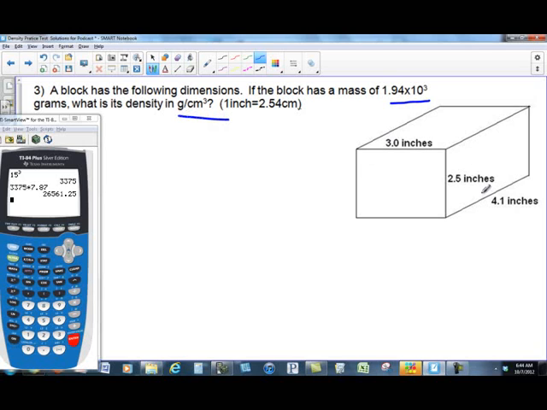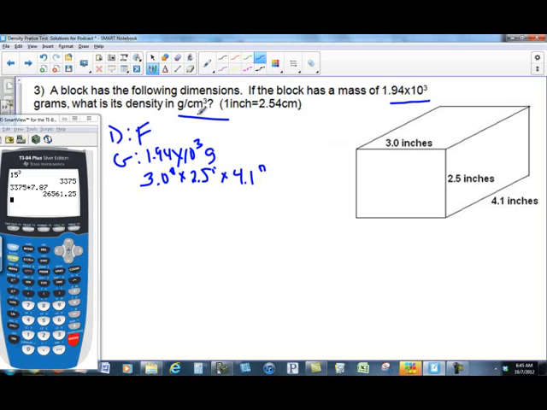Now I'm given inches here in my volume, so I'm trying to find density, and I am given 1.94 times 10 to the third grams, and I am also given 3.0 inches times 2.5 inches times 4.1 inches. I'm just using a little symbol for inches. Okay.